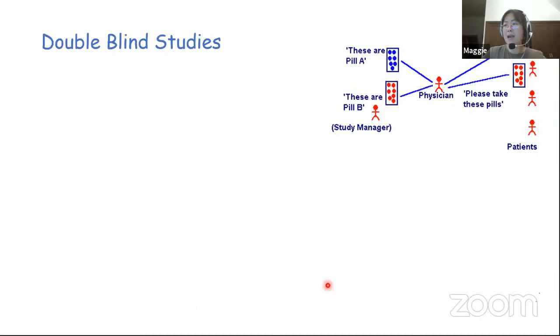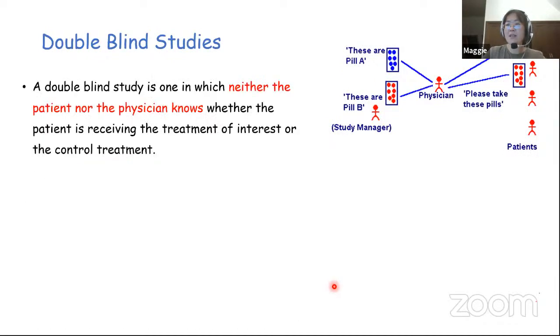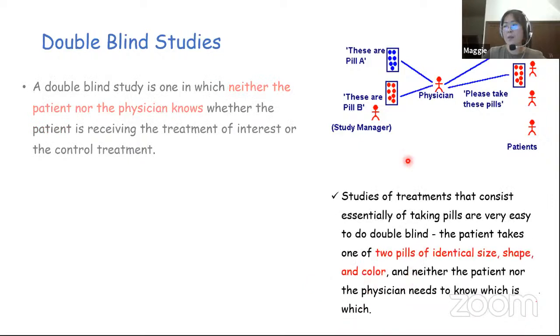And for the double-blind studies, a double-blind study is one in which neither the patient nor the physician knows whether the patient is receiving the treatment of interest or the control treatment, which means that the patients will be randomized, divided into two groups.